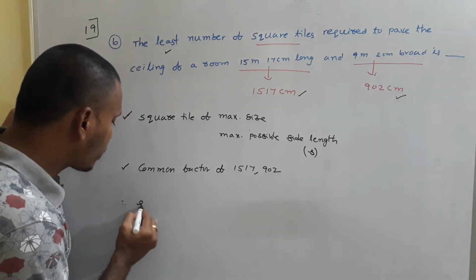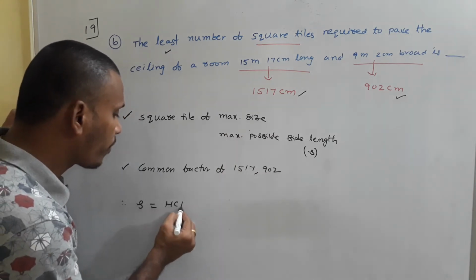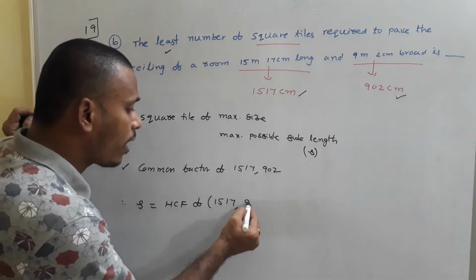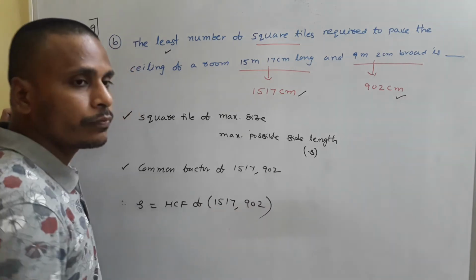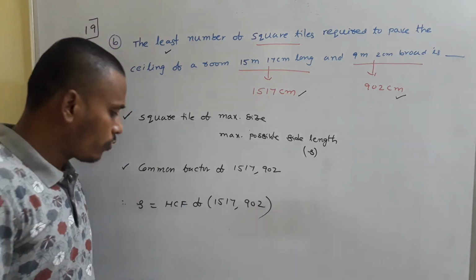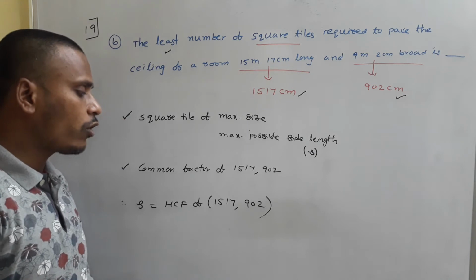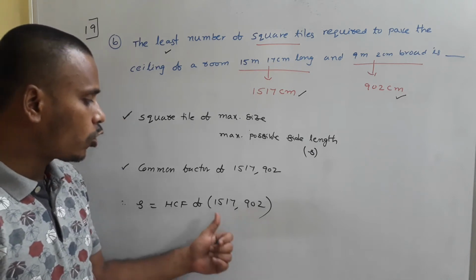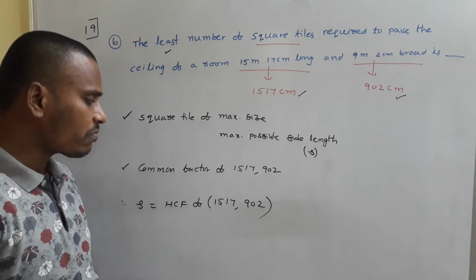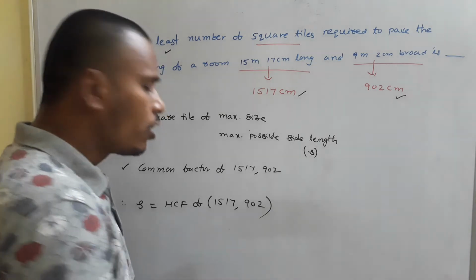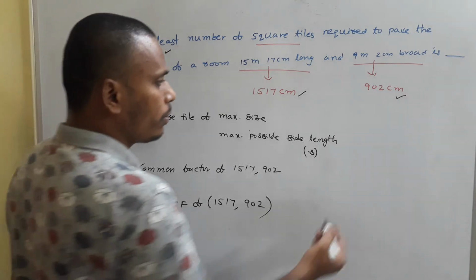That indicates that the side length is simply the HCF of 1517 and 902. So you need to calculate the HCF of these numbers. Moving with prime factorization is a bit difficult, so you just go with the long division method.